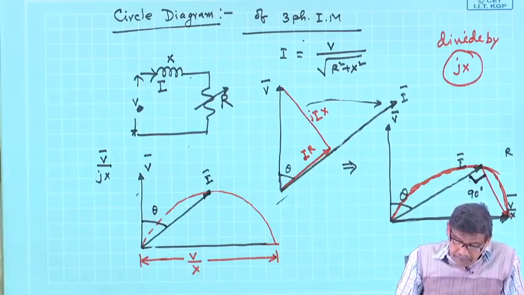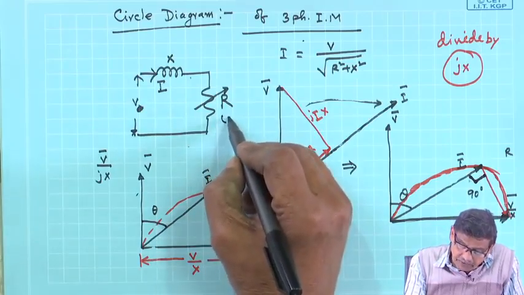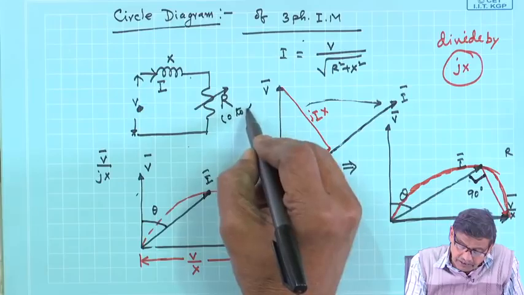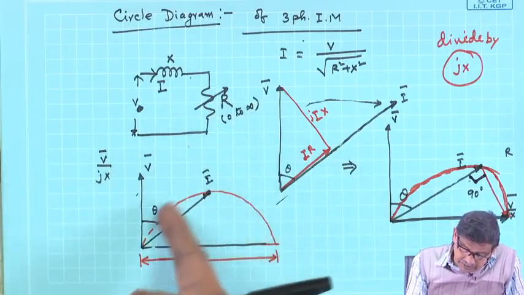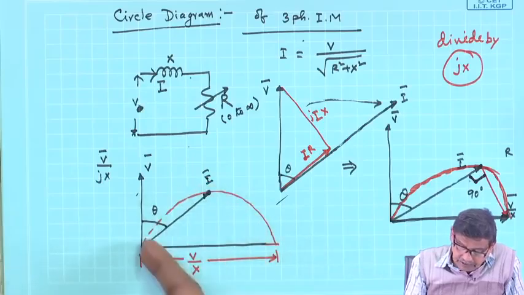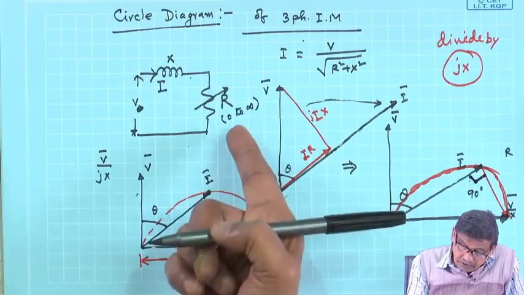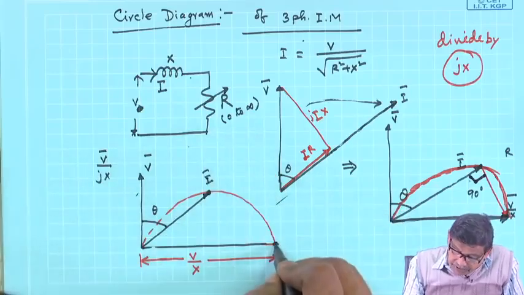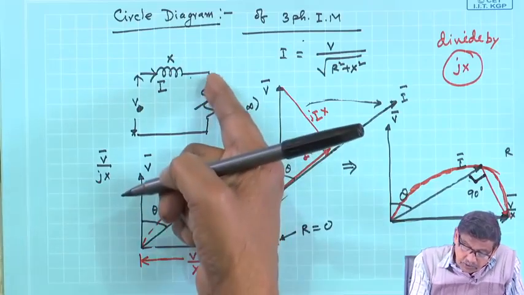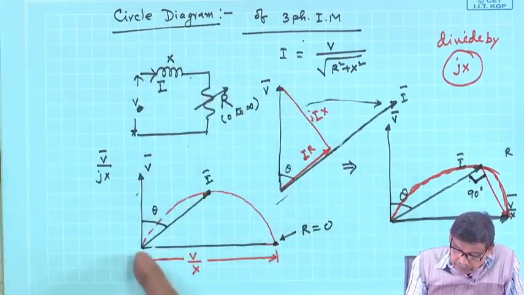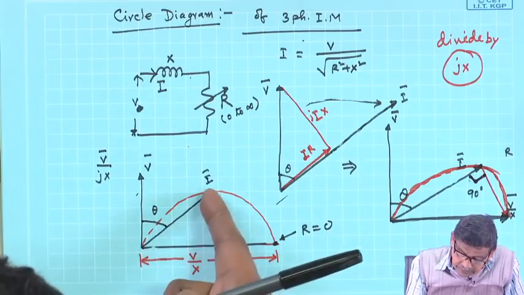Now, since I am varying r from 0 to infinity, where on the perimeter of this circle does the tip of the current phasor lie when r equal to 0? It is at this point. This point is r equal to 0, because r equal to 0 means it is shorted, purely inductive, V by x. Intermediate values lie here.